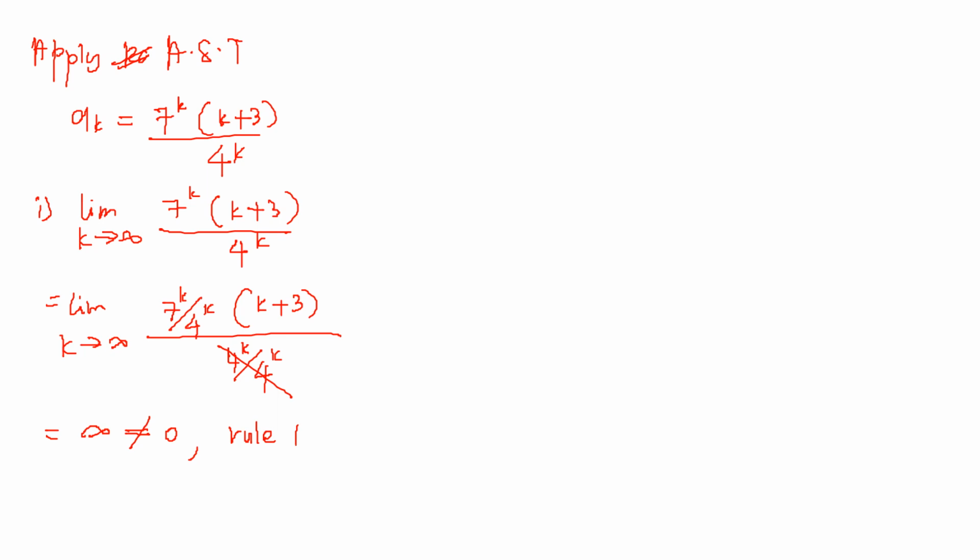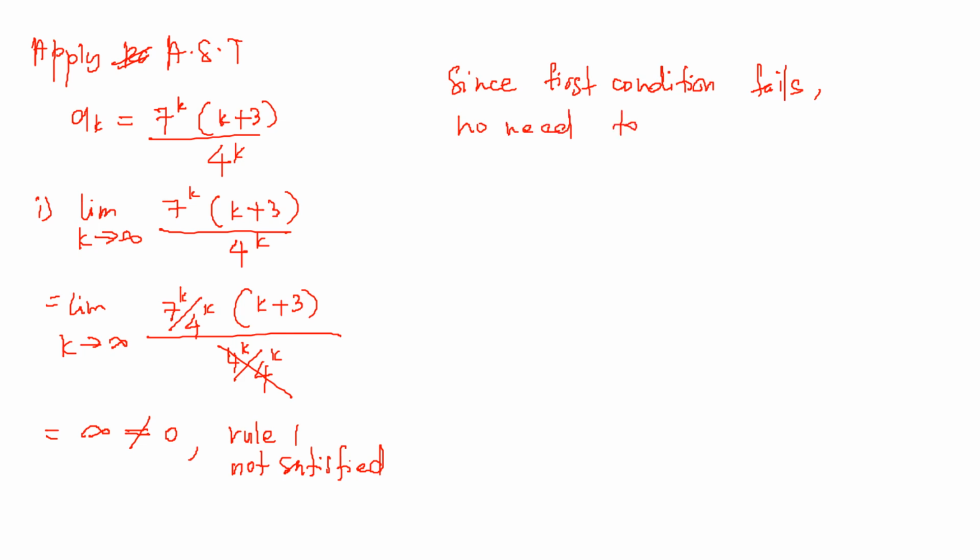Since rule 1 is not satisfied, you don't need to check rule 2. Since the first condition fails, no need to show the second condition.